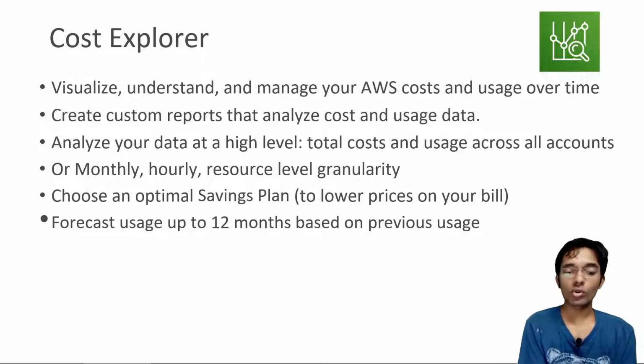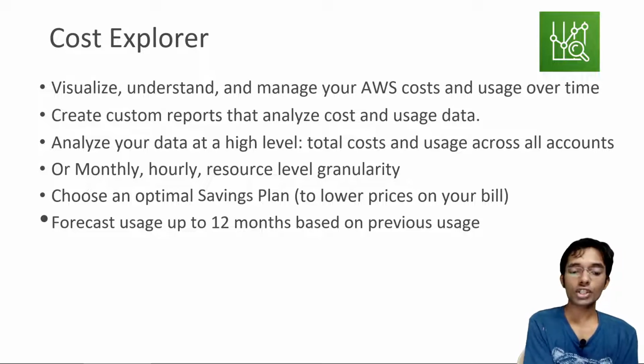So Cost Explorer is a great service to allow you to choose an optimal savings plan. As we saw before, savings plans are a way to commit to a certain dollar amount over time and lower your prices on your bill. Now with Cost Explorer, there's also a nifty feature in which you can forecast the usage of your cost up to 12 months in advance based on the previous usage.